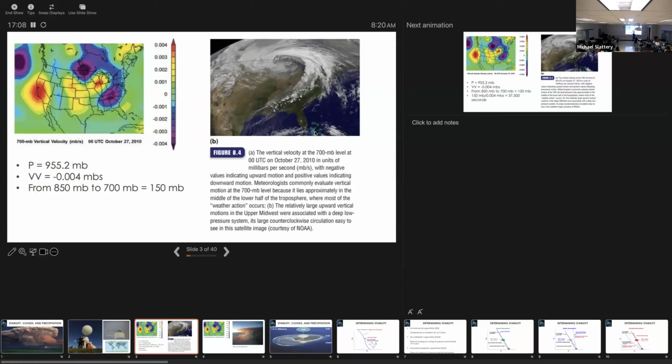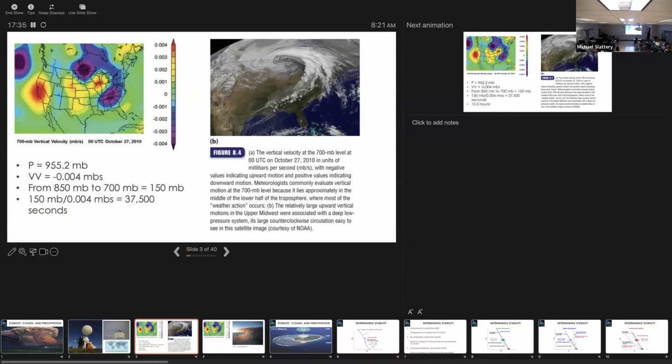So from 850 millibars, the assumed lifting condensation level, to 700 millibars, that's 150 millibars of change in pressure, right? And over that 150 millibars, the vertical velocities are 0.004 millibars per second.